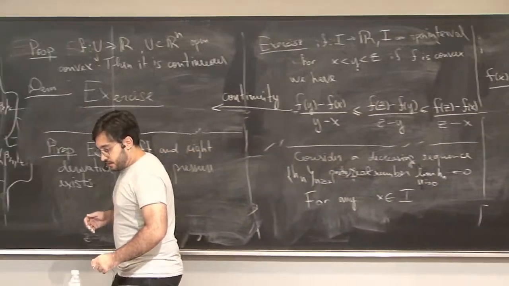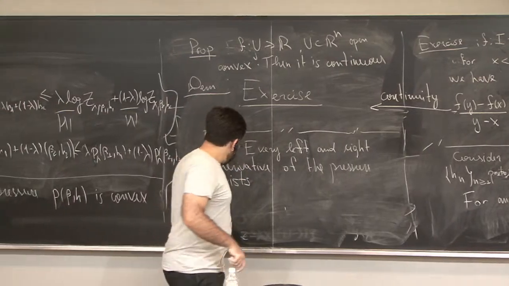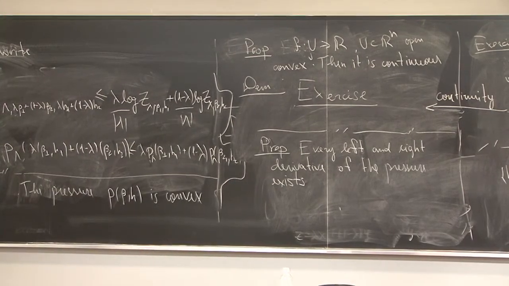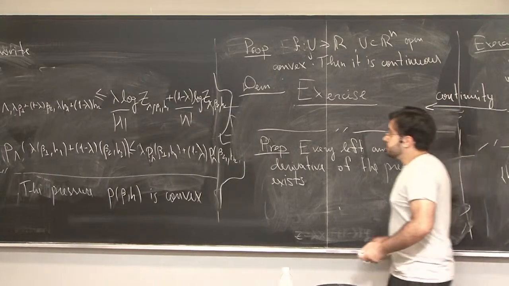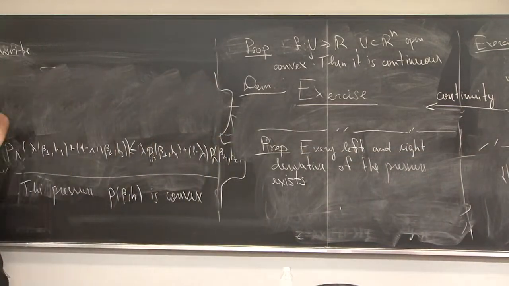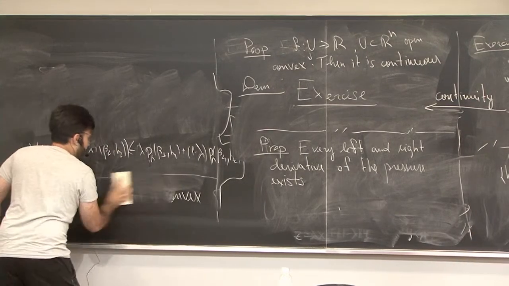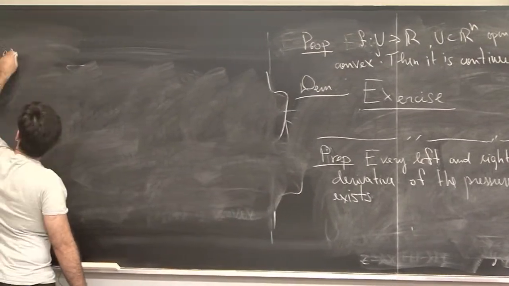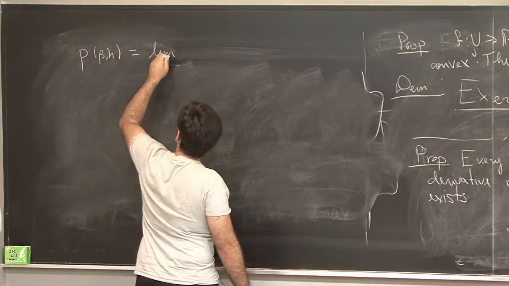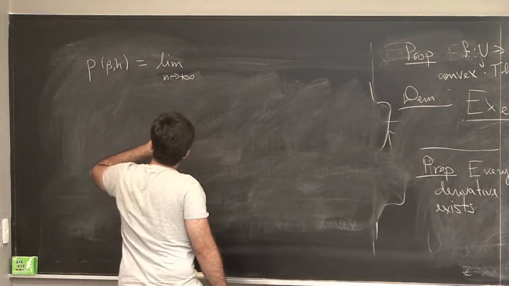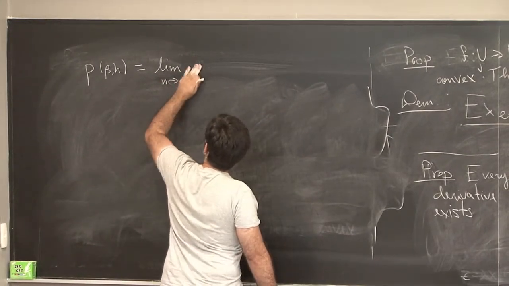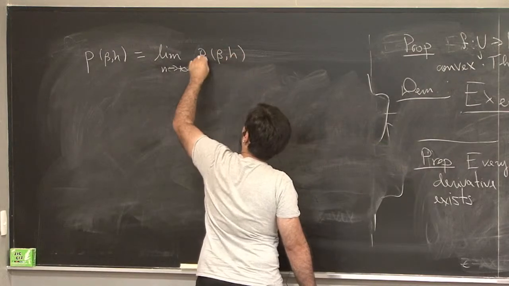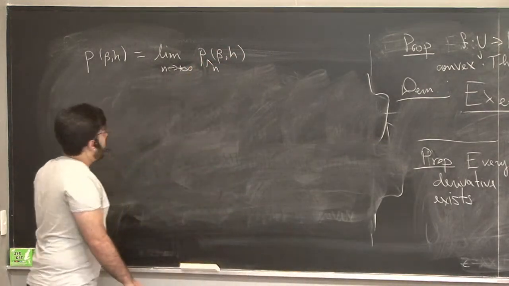So in the definition of the pressure, P(beta, H), I actually have a limit of the local pressures P(beta, H, lambda_n).